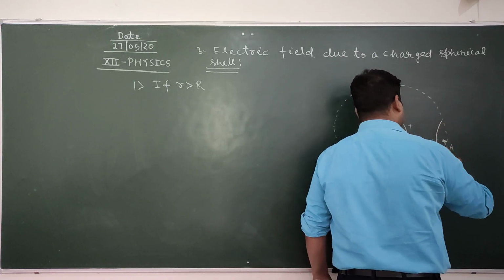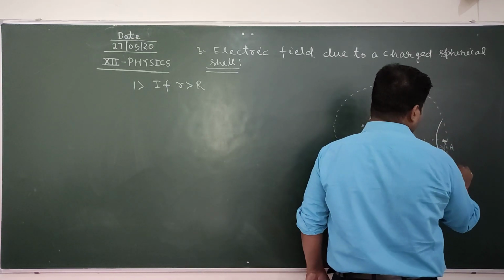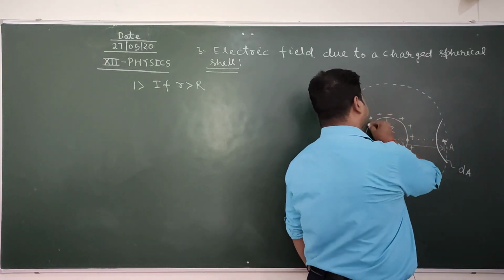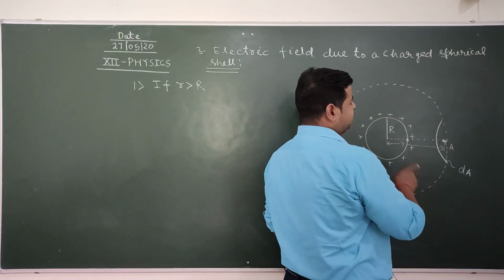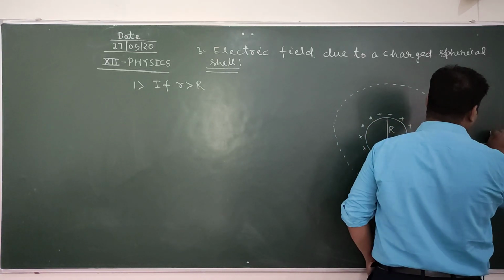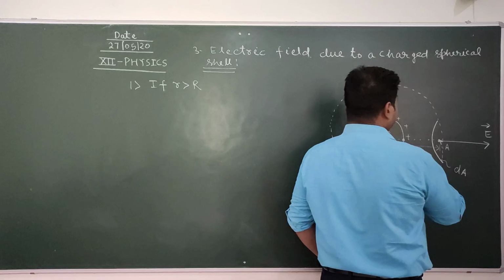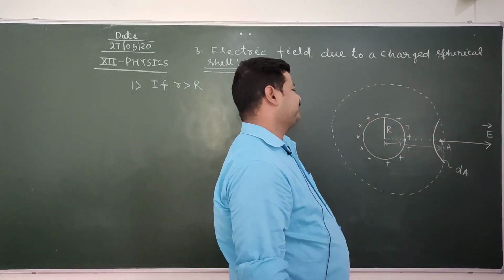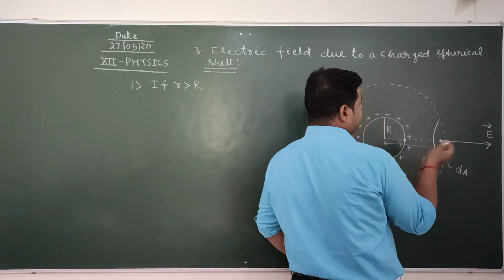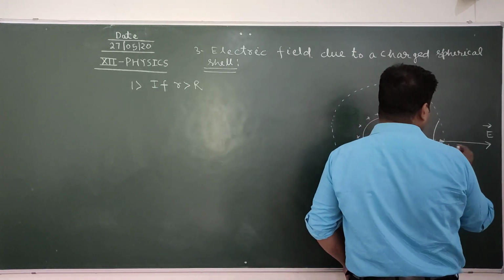Let us assume that this is a surface element dA, and the electric field due to the charge given to the shell just outside of the surface, the direction of electric field is outward from the shell.